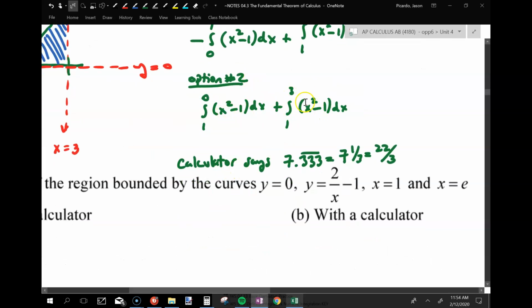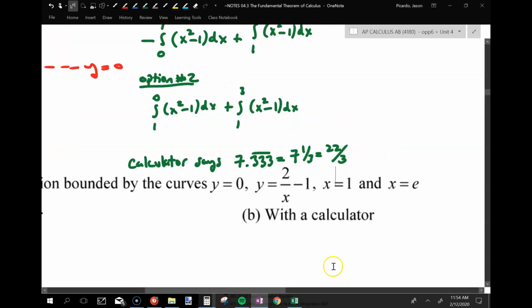Pretty easy one to take an antiderivative of. A third of x cubed.